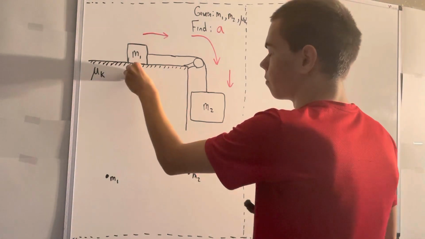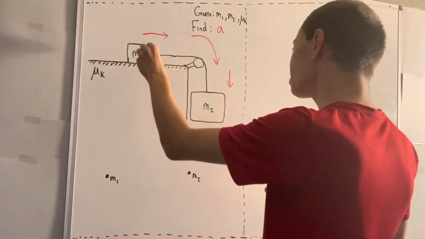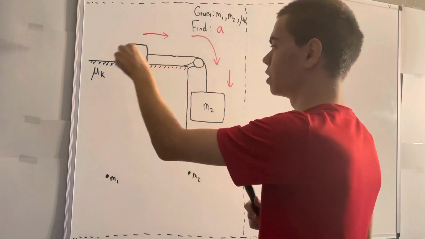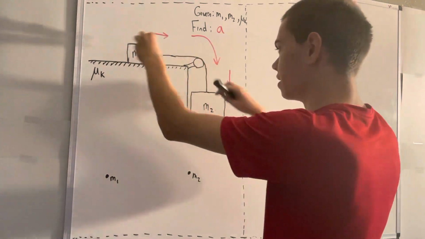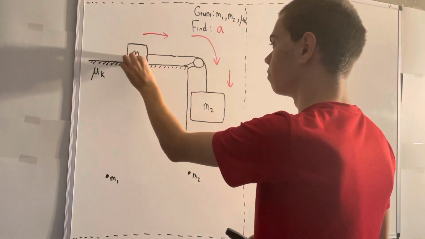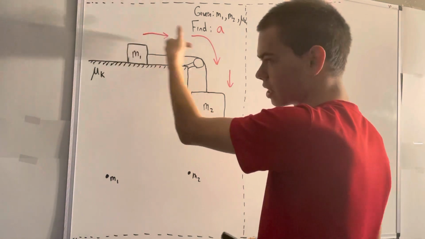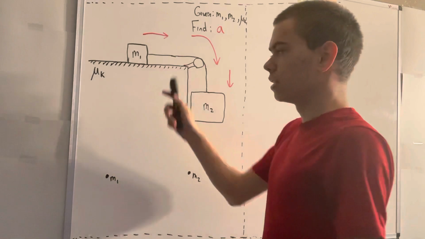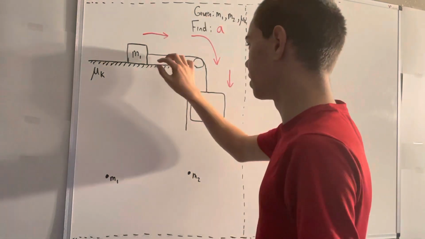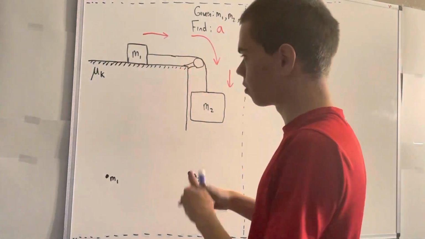Starting with block 1, what force is causing block 1 to move to the right? Because we know the system's overall going to accelerate in this direction. It's the tension in the rope, isn't it? The rope is pulling m1 to the right.